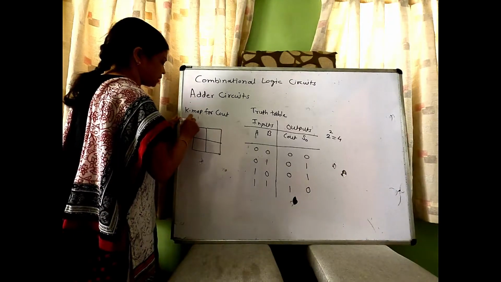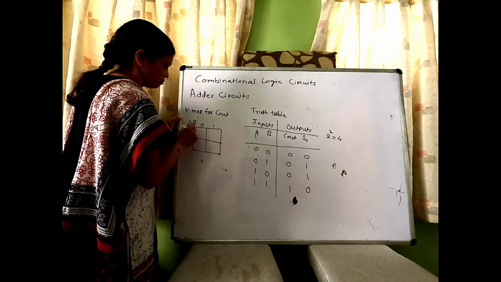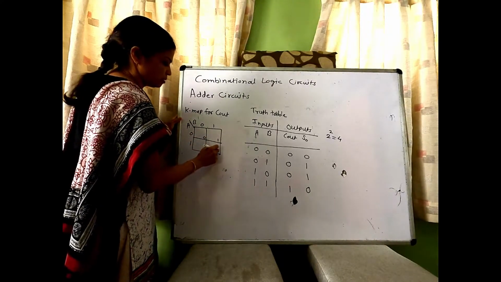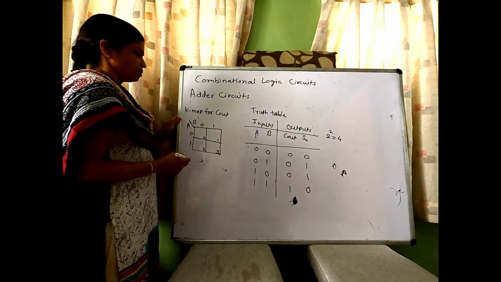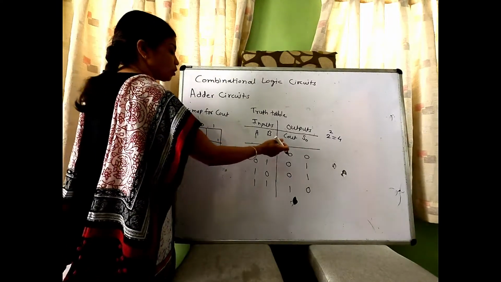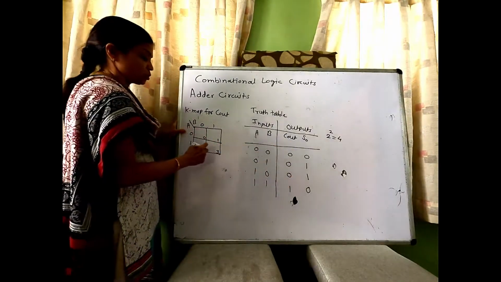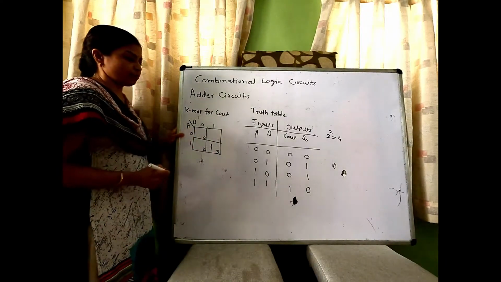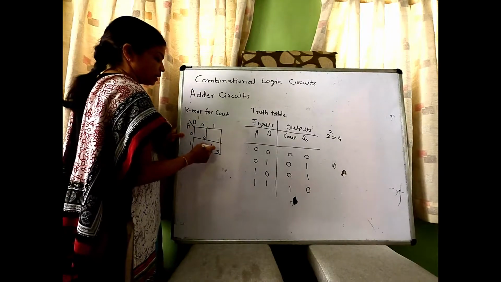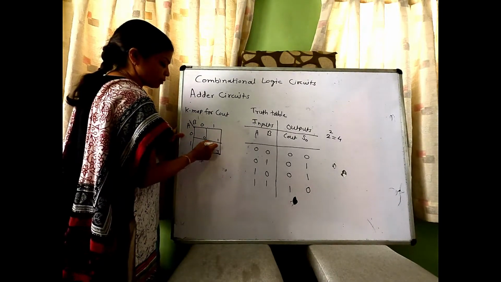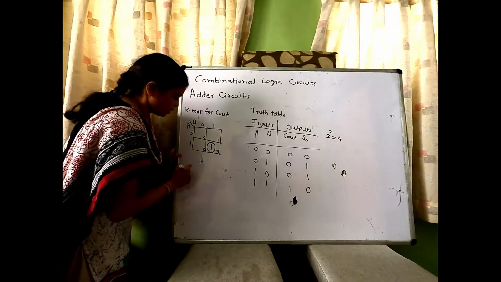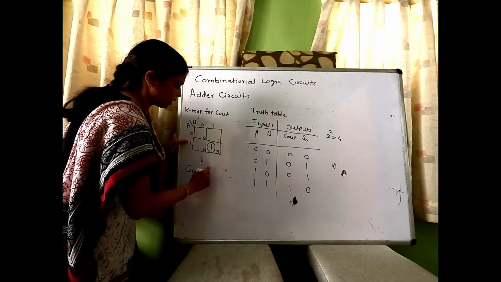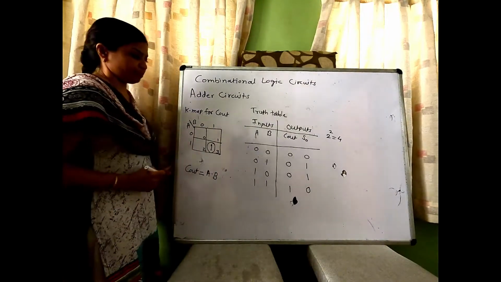Inputs are A and B. Cell numbers are given as shown. Now observe the carry output variable. Here it is 1 for input 1 1, so we will write 1. Single 1 is there in this K-map. So we will write the equation Cout is equal to A dot B.